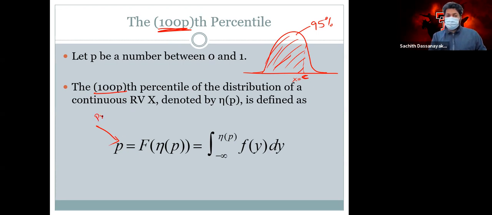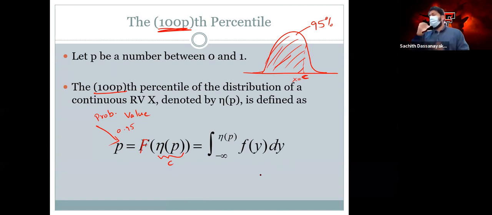For example, if I consider 95%, you have to use 0.95 here, not 95. So P is the probability, and you can find the corresponding x value, eta P, which means that particular x value, C.